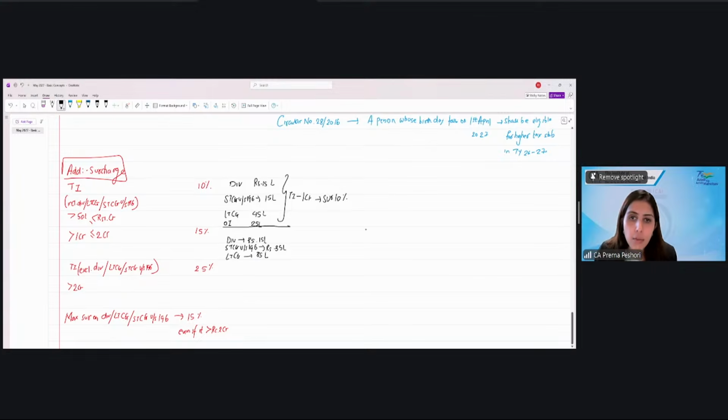And I have other income of 55 lakh. I have a total income of 1.85 crore, which is less than 2 crores. So what will be my surcharge? 15%.